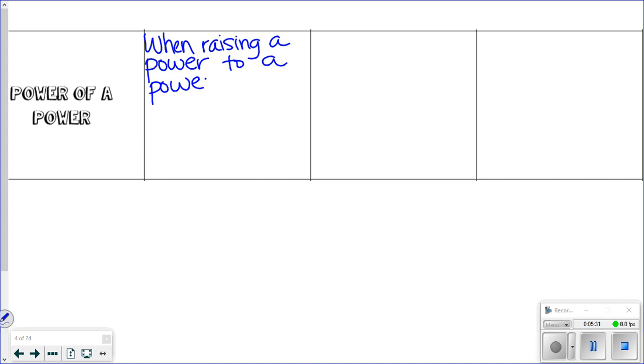When raising a power to a power, we multiply the exponents.